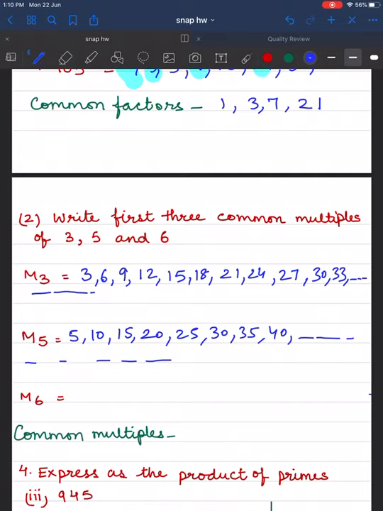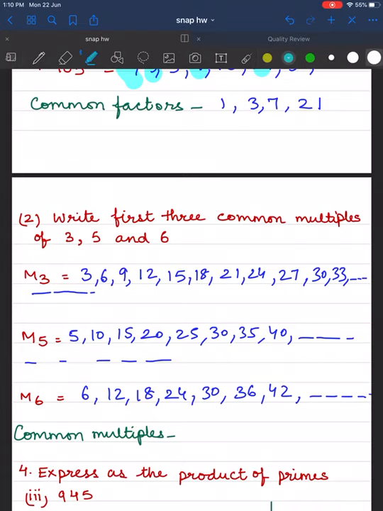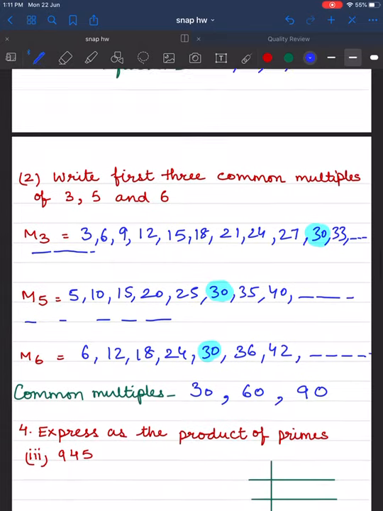Now multiples of 6 are 6, 12, 18, 24, 30, 36, 42 and so on. Now let's check which multiples are common in these three numbers. So here you can see 30 is the first common multiple. So we write here 30. Now the second common multiple will be 30 into 2, which is 60. And the third common multiple will be 30 into 3, which is 90. So the common multiples are 30, 60 and 90.